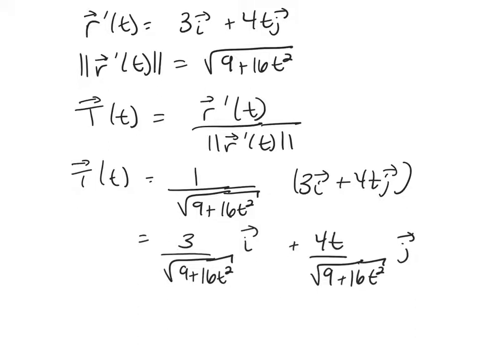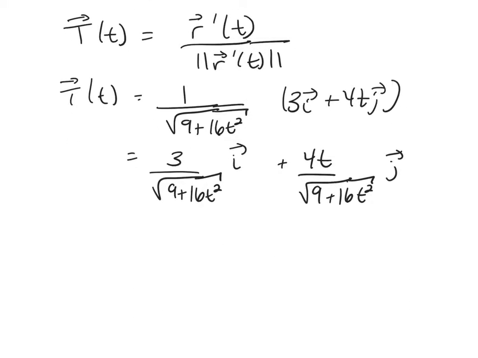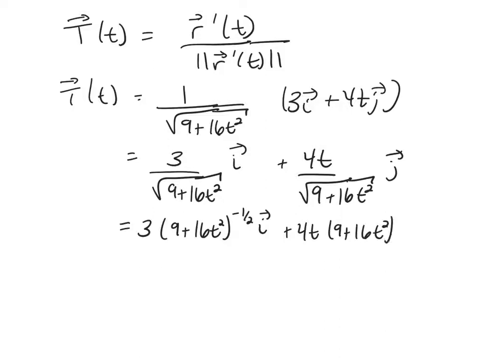And then I'm going to rewrite these terms here. So this will be 3 times (9 plus 16t squared) to the negative 1/2 i, plus 4t times (9 plus 16t squared) to the negative 1/2 j.